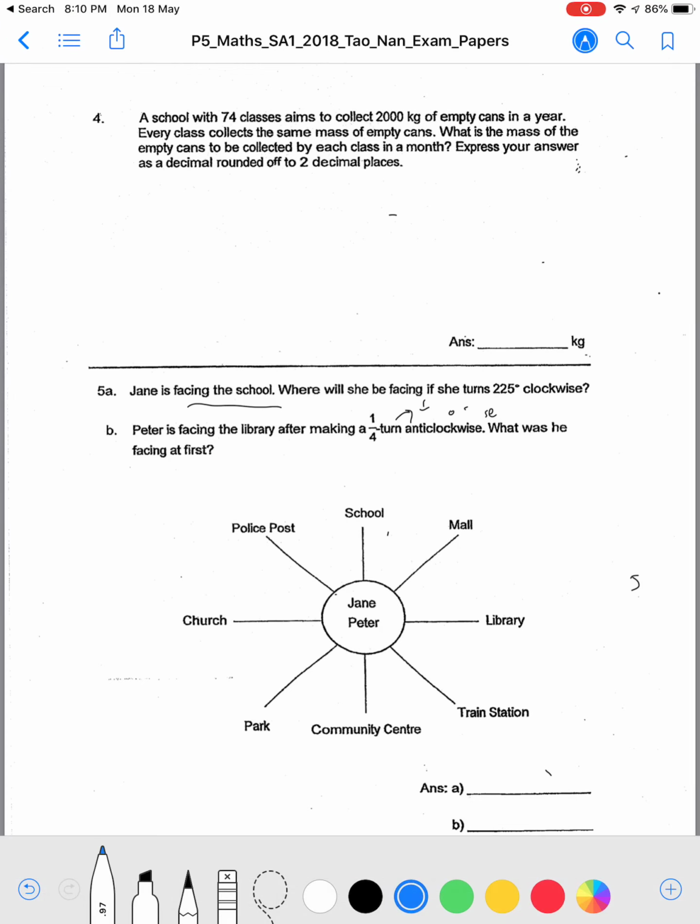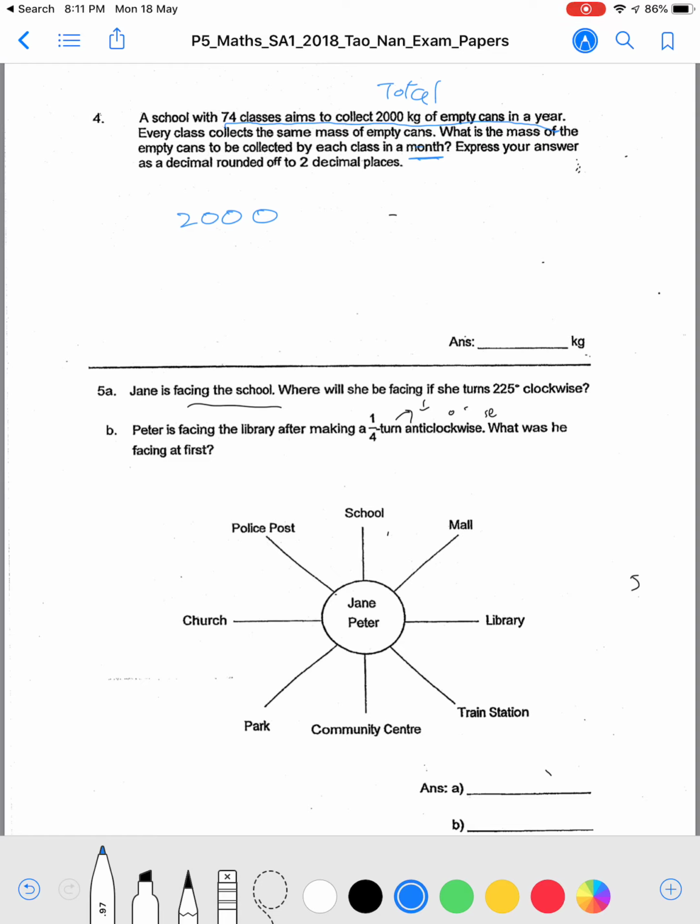So a school has 74 classes, aims to collect 2,000 in a year, correct? Okay, but every class collects the same mass of empty cans. What is the mass of the cans to be collected in a month? So 2,000 is the total, right?